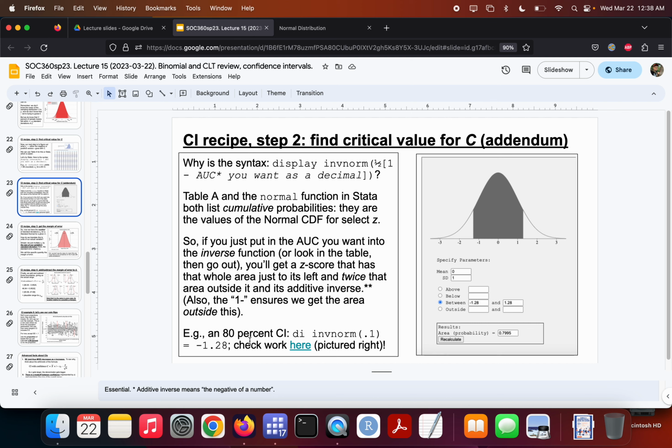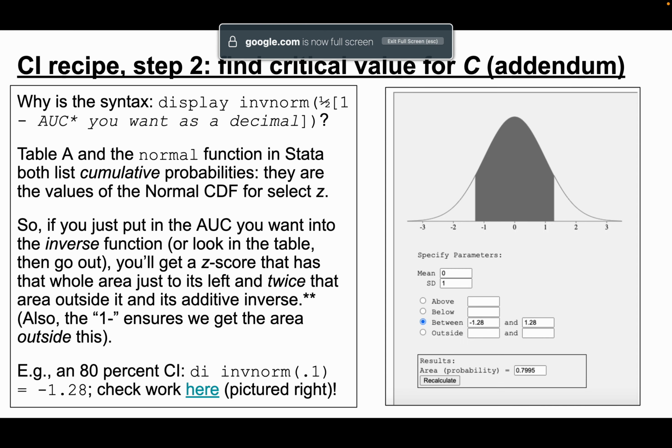But we can't just use 20%, because that would leave 20% to the left and then 20% to the right of the negative version. So we chop it in half, and that gives us finally 0.1, and that's how we come up with this. Okay, so that's how we would do that.